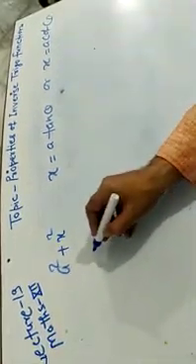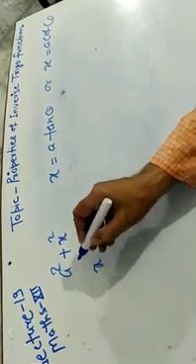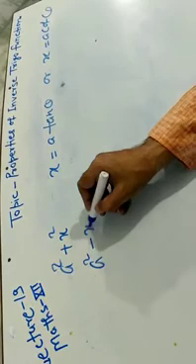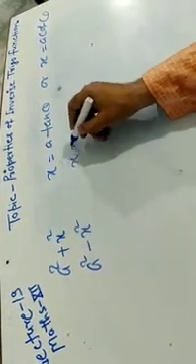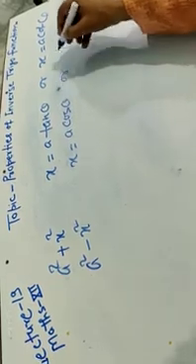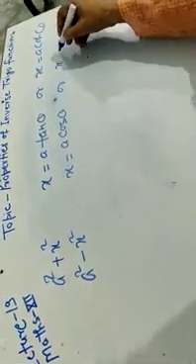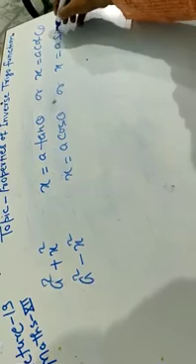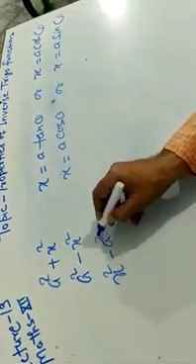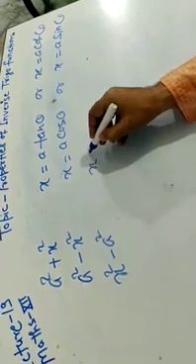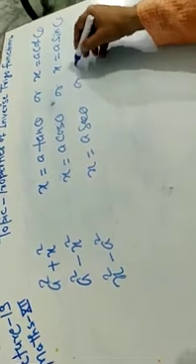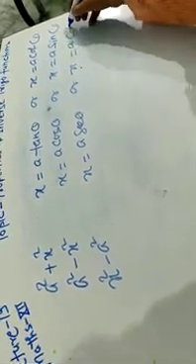If in the form of a squared minus x squared, you assume x equals a cos theta or x equals a sin theta. In the form of x squared minus a squared, x equals a sec theta or x equals a cosec theta.